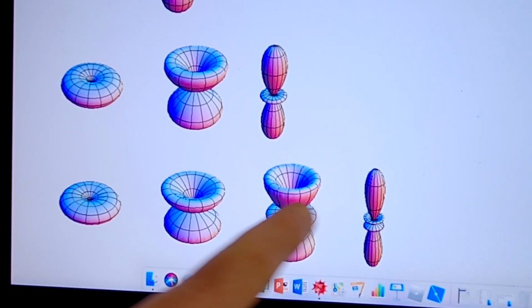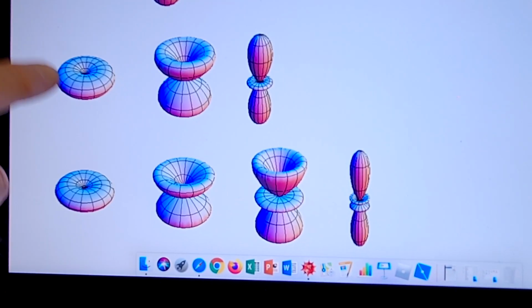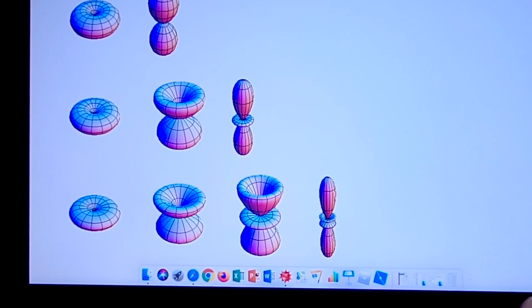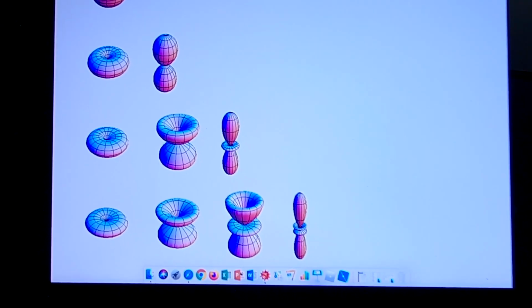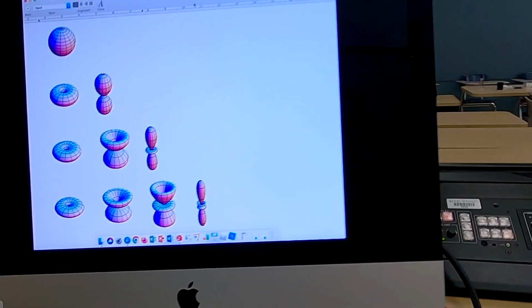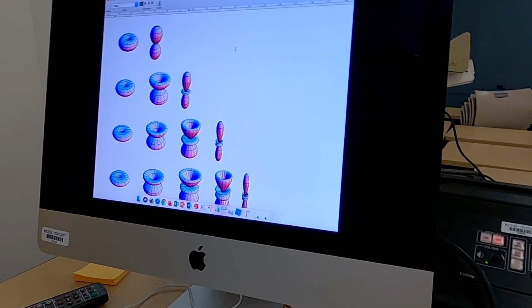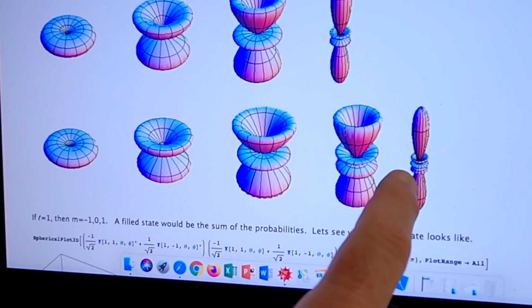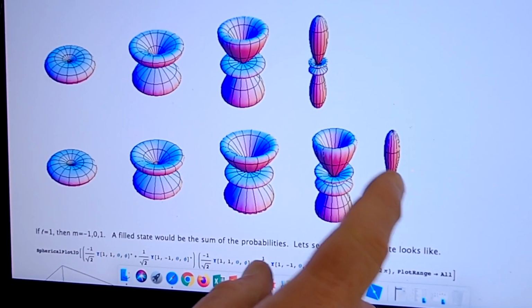Here, this is L equals 3. So you got 3, 2, 1, 0, and then they'd be the same going back the other side right there. And we could even go down one further right here. So there is the L equals 4 case. You can see there's just a lot more wiggles in here.